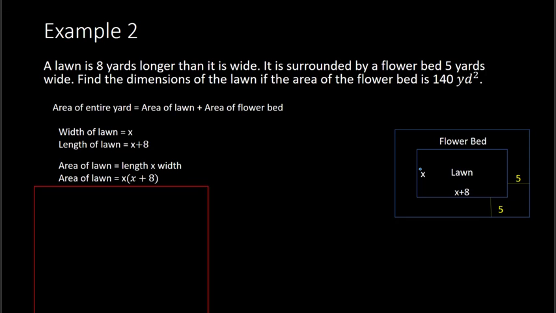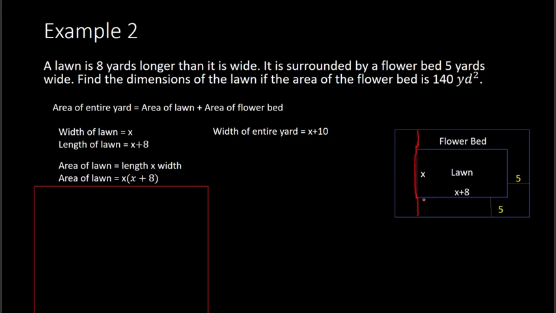And then for the entire yard, the width of the entire yard, you take the x right here, and then you have to add 5 for this part, and then 5 for this part. So 5 plus 5 is 10. Add that with the x right here, that gives me 10 plus x, or x plus 10 for the width.